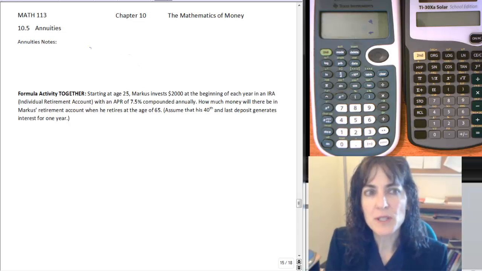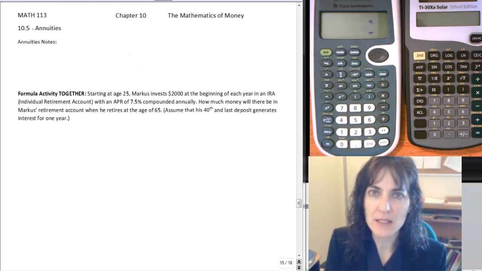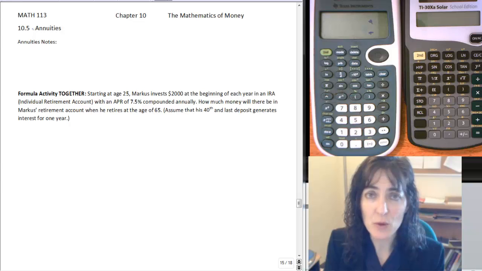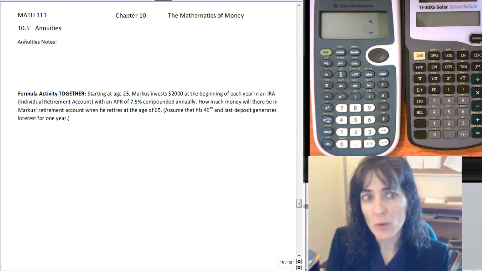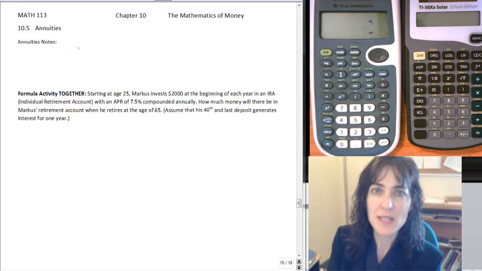Now, the difference between annuities and the compound interest that you did for the sofa, for the savings account, for example, will be that for the annuities, you don't get the answer of how long it will take you to save up.